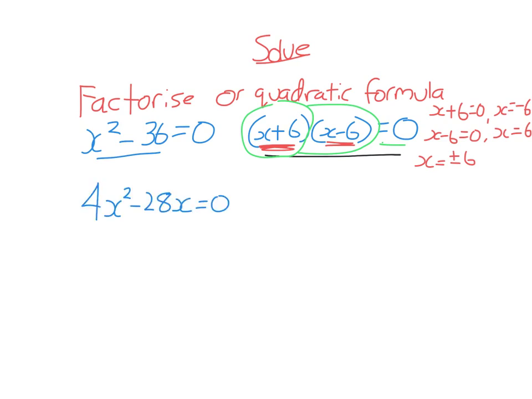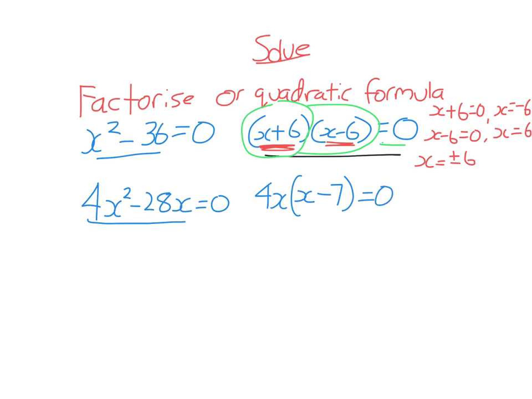Now we have another equation. This has a quadratic binomial, two terms, 4x squared and negative 28x. So this is not the difference of two squares, it's highest common factor. The highest common factor is 4x, that goes out the front. What do I times by 4x to get 4x squared? x. What do I times by 4x to get negative 28x? Negative 7.